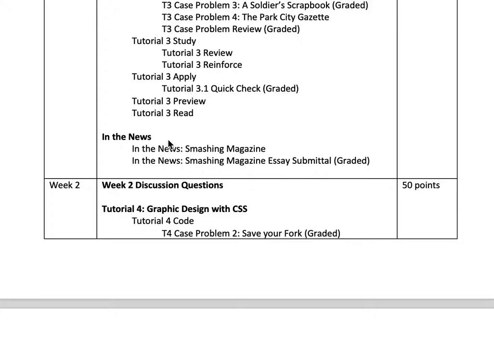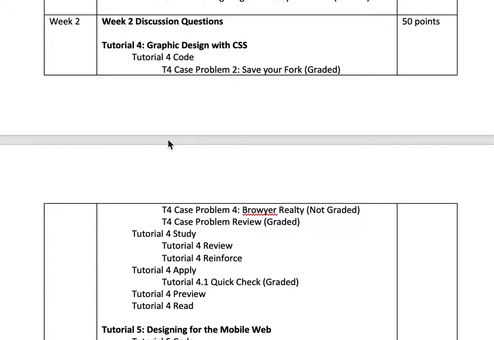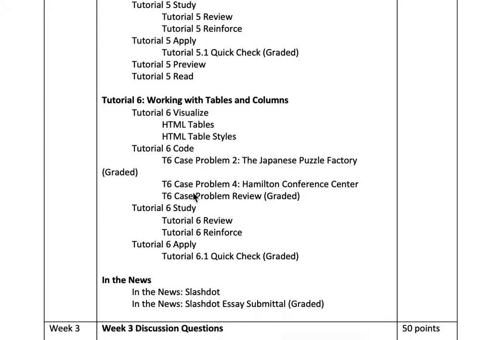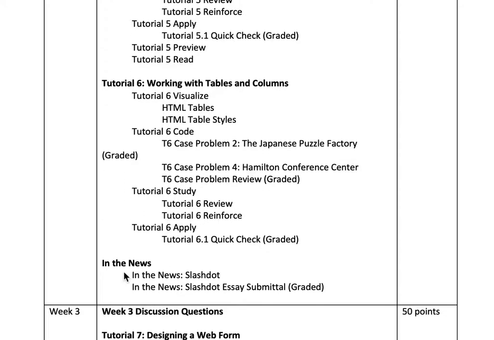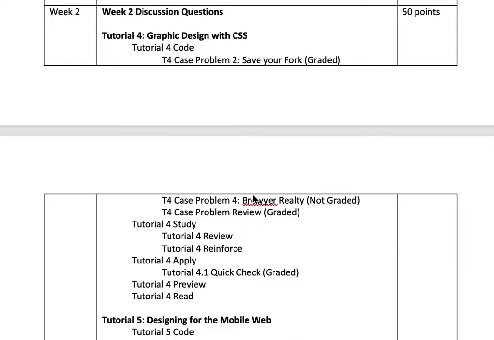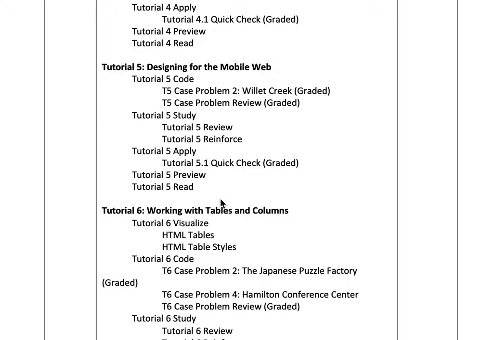I want to step into week 2 just briefly and then highlight 3, 4, and 5. Week 2, likewise, has discussion questions. Week 2 has tutorials 4, 5, 6, and another in the news item. Tutorial 4 is more with CSS. Tutorial 5 is designing for the mobile web.